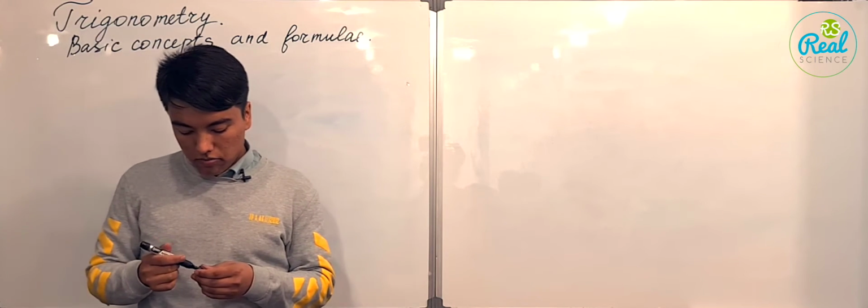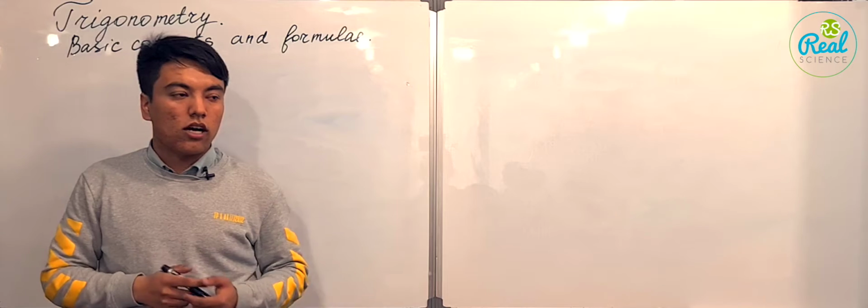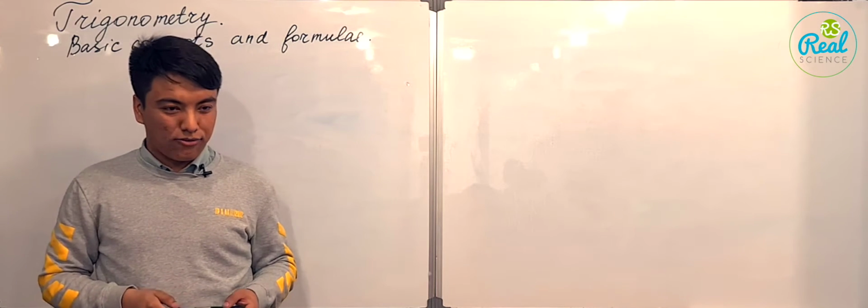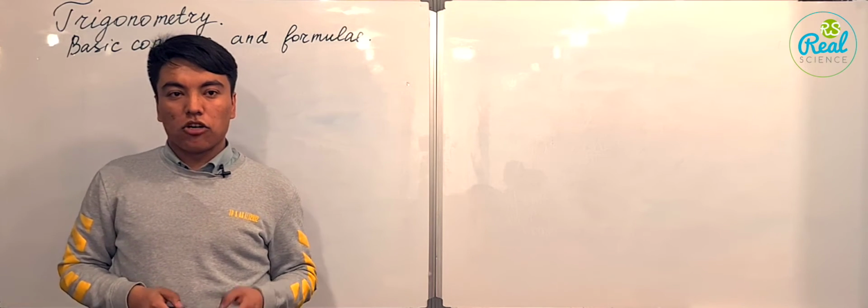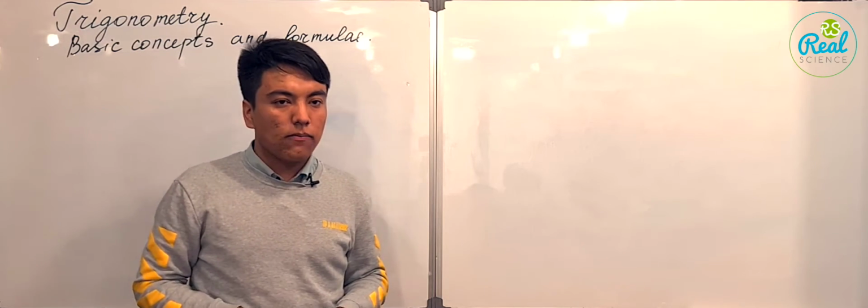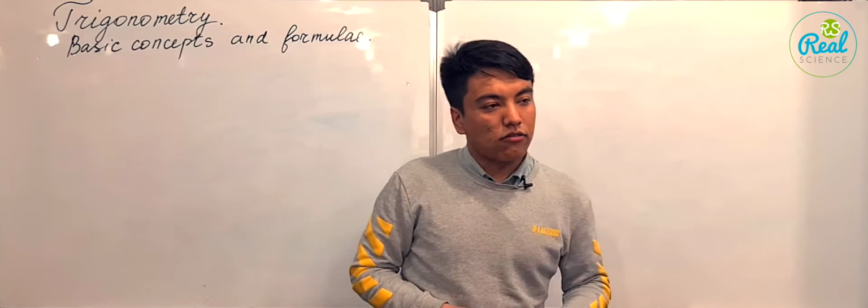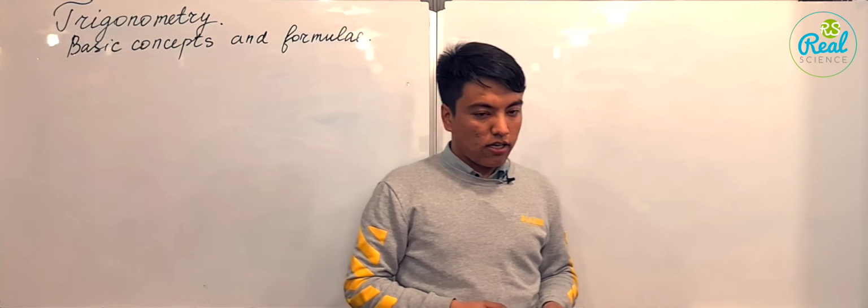So, prior to starting, I want to check your knowledge about this topic because in geometry also we've started, if you remember. In geometry, we started right triangle trigonometry, yeah?